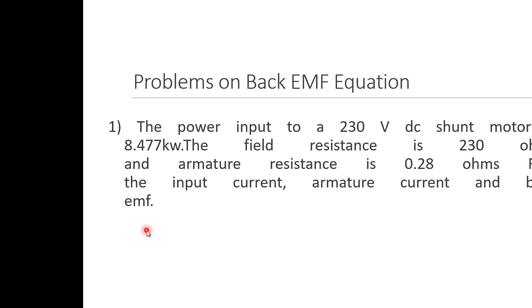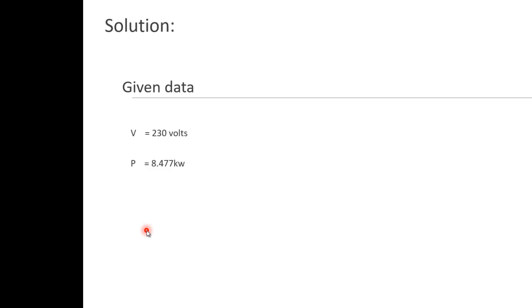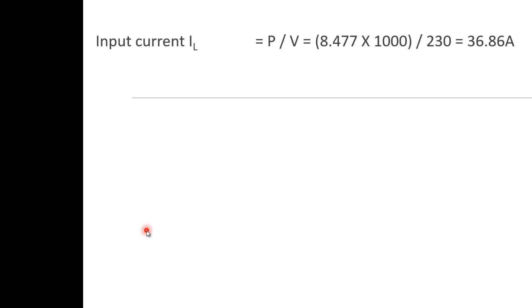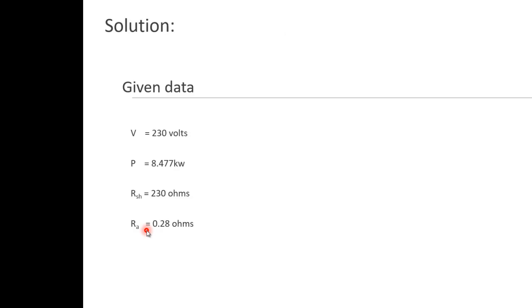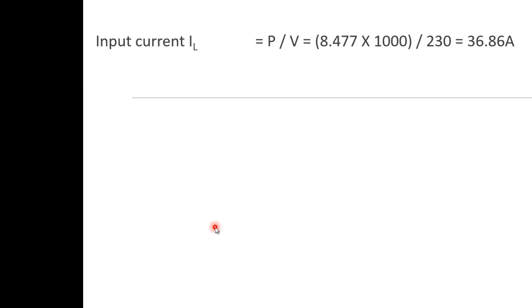So here the power input has been given, the voltage V has been given, RSH 230 given, RA 0.28 given, and what we need to find out is IL, IA, and EB. Okay, so these are the given data, information, and the problem solution.